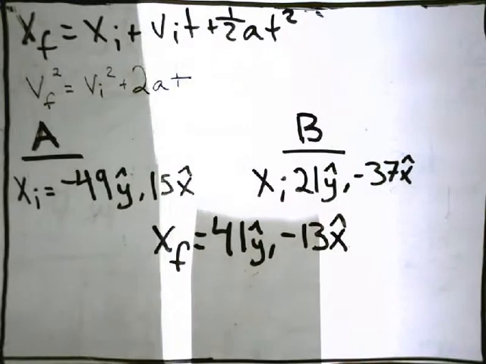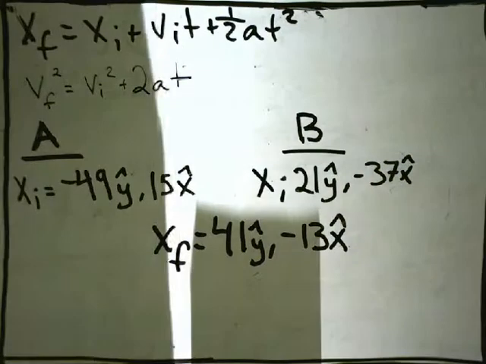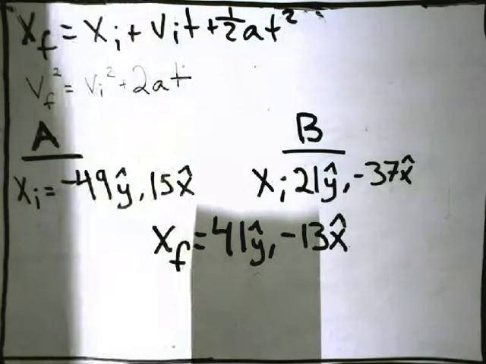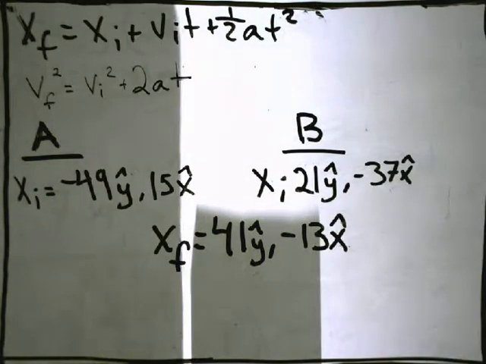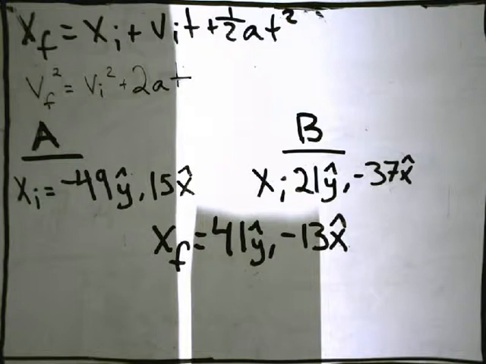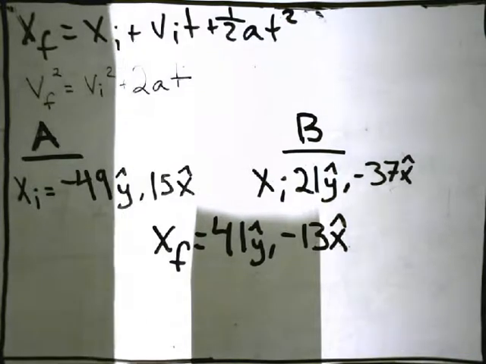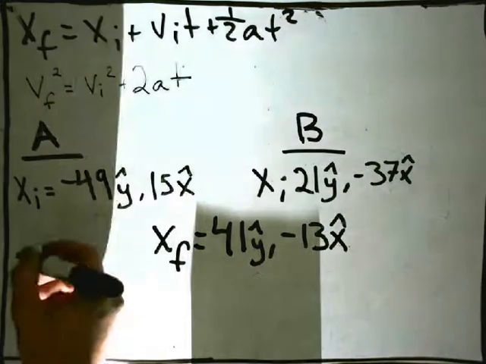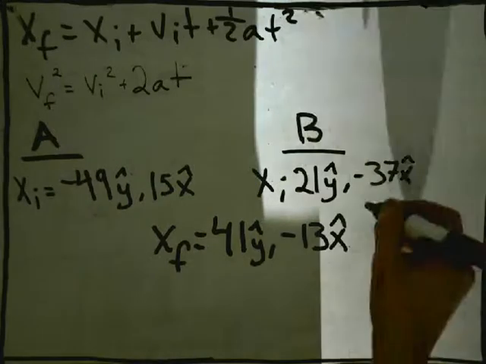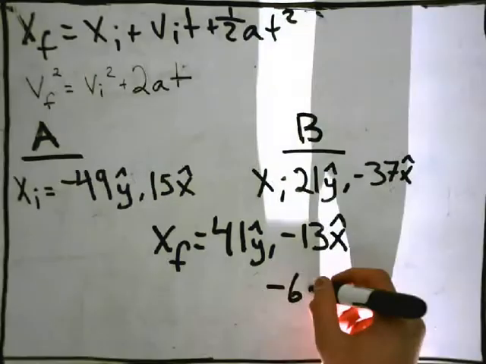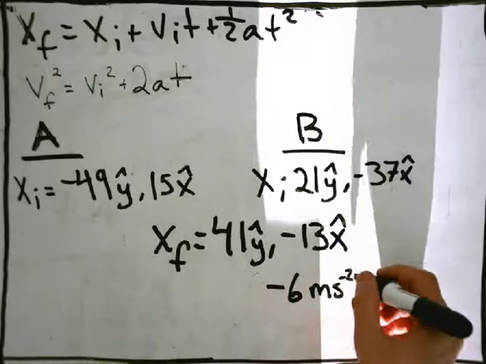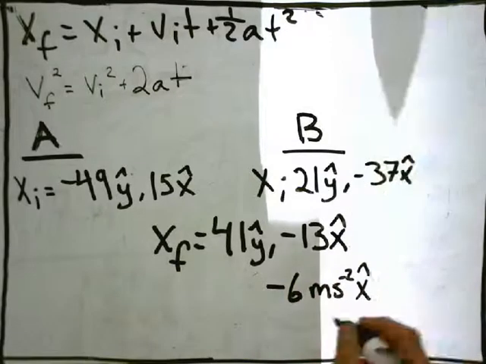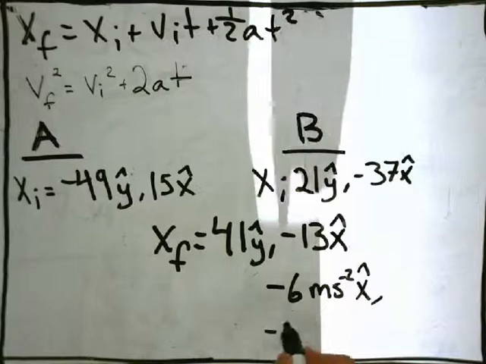Now, we're going to have an initial velocity set for each, and so all that we're going to have to do is find the acceleration. The initial velocity for B is going to be negative 6 meters per second squared in the x direction, and negative 2 meters per second squared in the y direction.